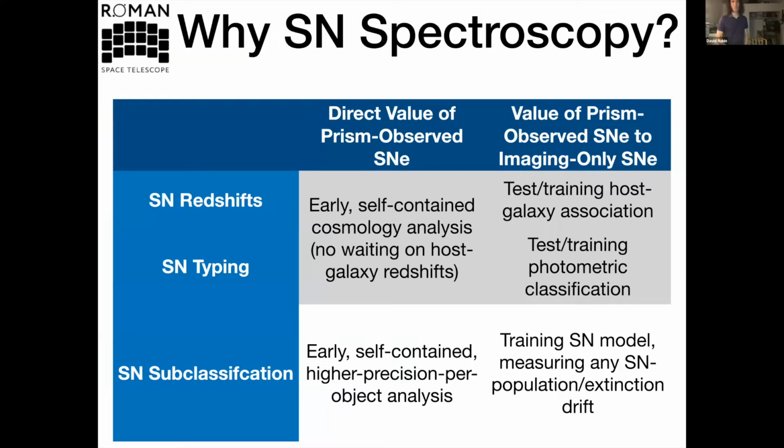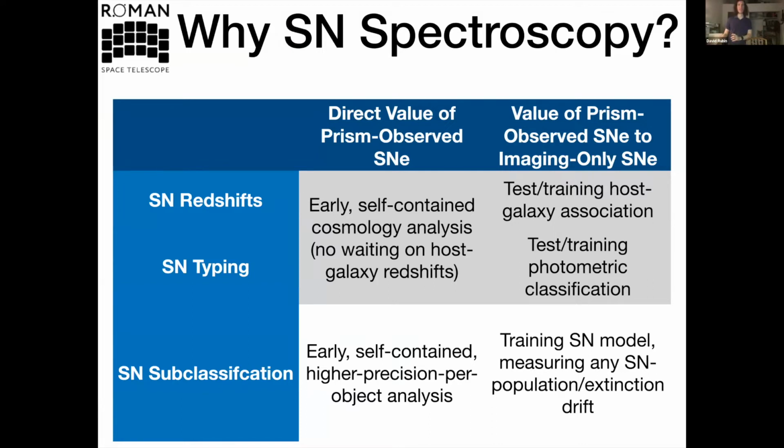Okay, so why are we doing supernova spectroscopy, live supernova spectroscopy? So we can think of two sets of reasons, which I've separated into the categories here. So there's directly what you can do with just the supernovae observed with the Prism and also observed with the imager.